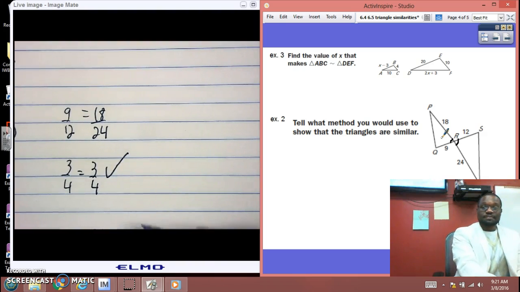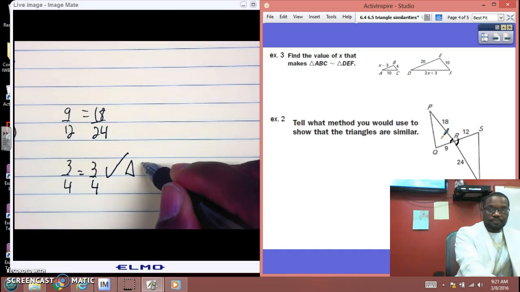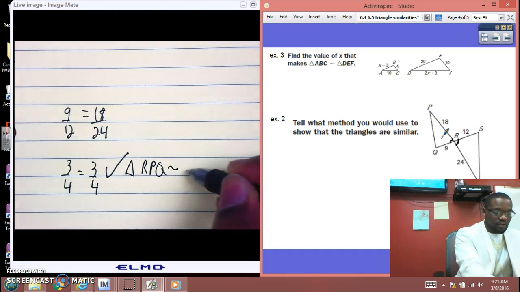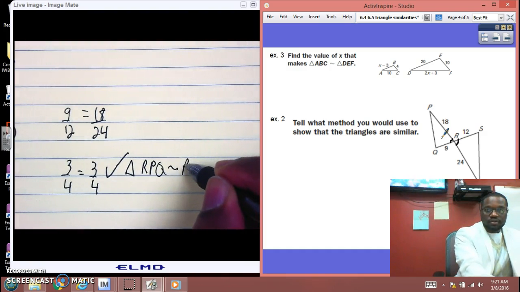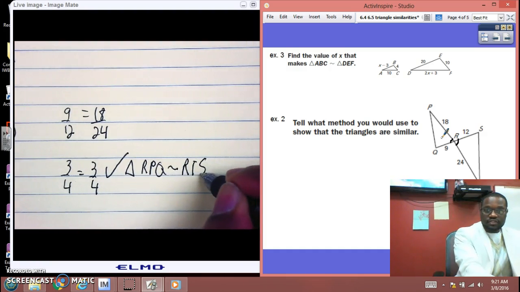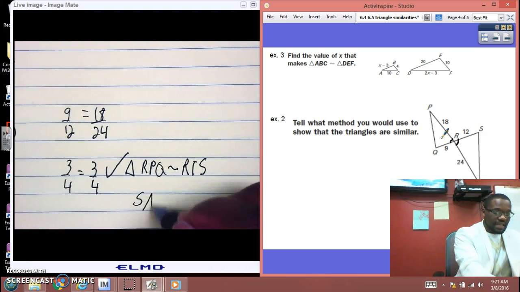So that means triangle RPQ is similar to triangle RTS, and the reason why is side angle side.